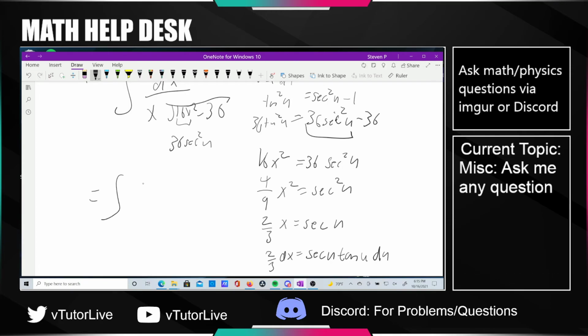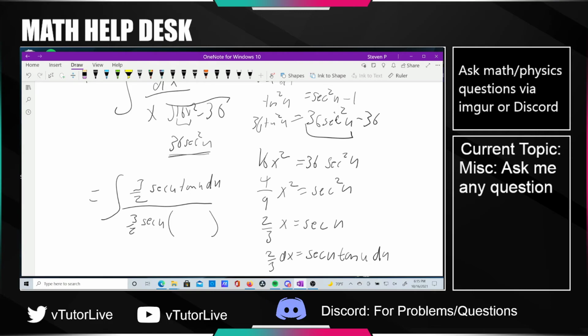That looks like 3/2 of secant u tan u du divided by, well, hold on, x is just 3/2 secant u. And then when we get to the square root, we get 6 secant of u. Does this make sense? Oh, no, excuse me, this should be a tan, right?